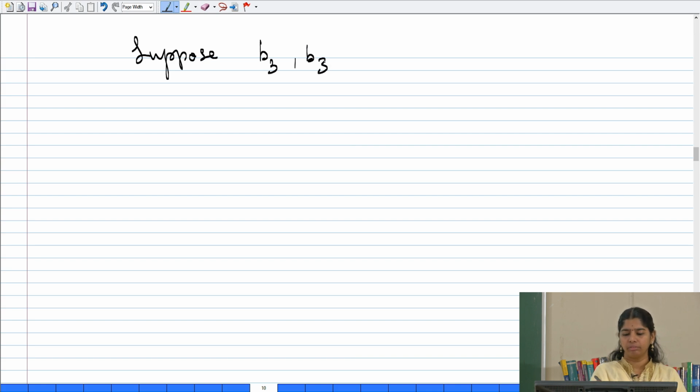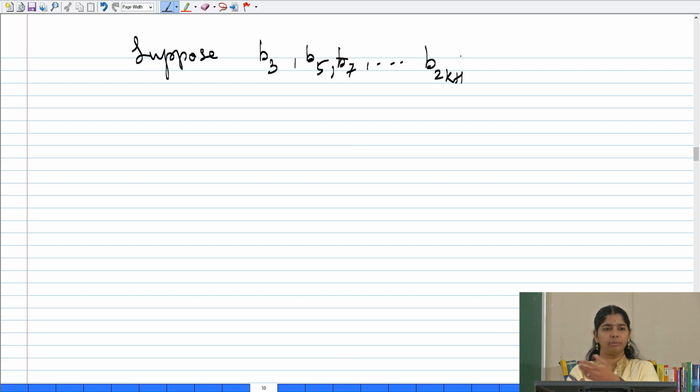So, this is where we want to touch upon bipartite graphs. Suppose all these coefficients B3, B5, B7 and so on until B2k plus 1, where this is going to be the largest possible cycle, are 0, where 2k plus 1 is less than or equal to n.